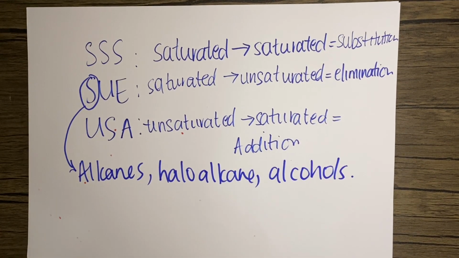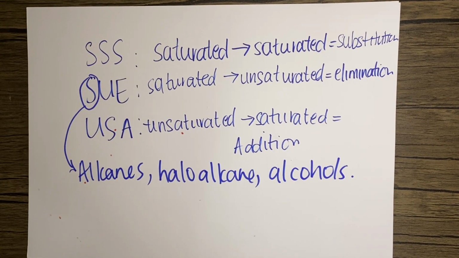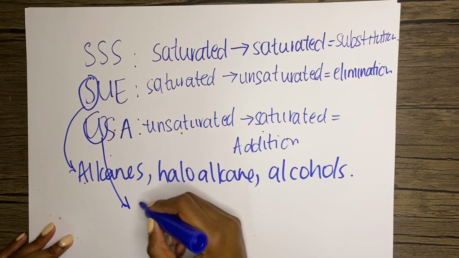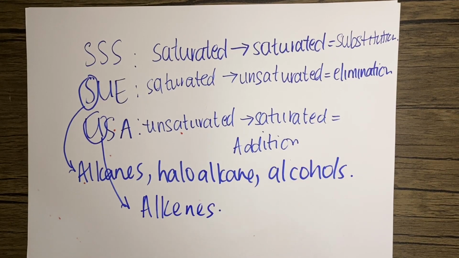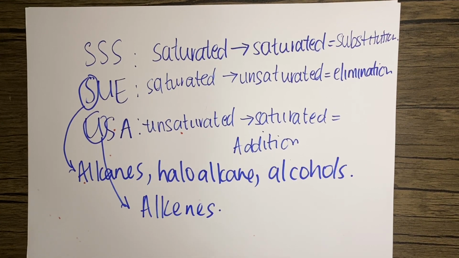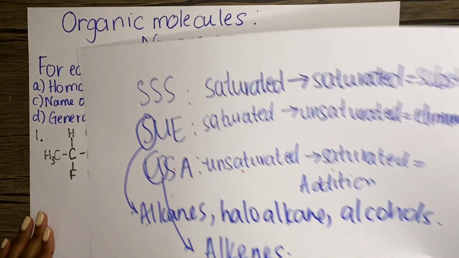These are all saturated. And unsaturated in our situation is just going to be referring to alkenes. So we won't be doing alkynes, right? So that triple S USA is what we want to use to break down the diagram. Okay, let's go back to the diagram.